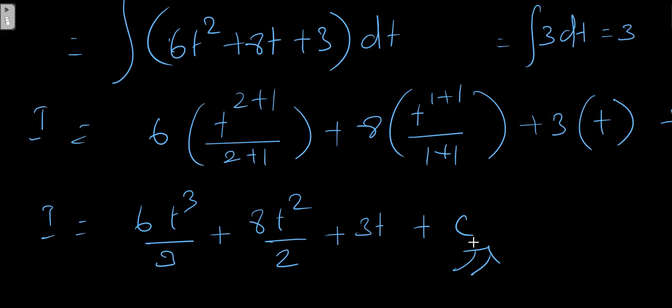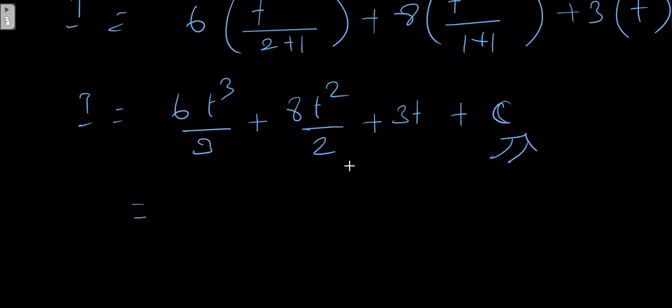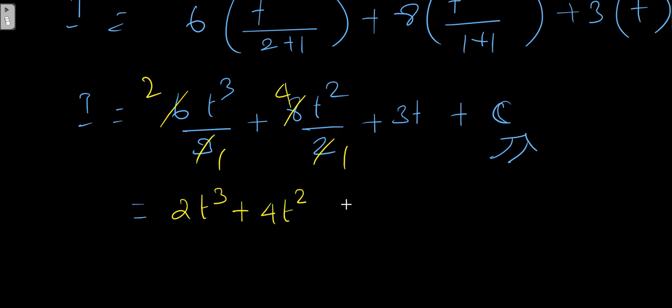Finally we include the integral constant. Why are we including the integral constant? I'll show you the reason. 6 by 3 is 2, 8 by 2 is 4, and 3t plus c. So finally we have 2t cube plus 4t square plus 3t plus c.